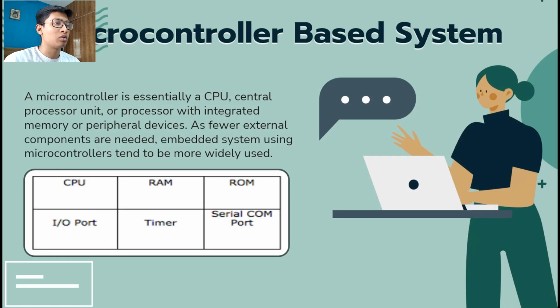Now let's talk about the microcontroller based system. A microcontroller is essentially a CPU, central processing unit, or processor with integrated memory or peripheral devices. Fewer internal components are needed. Embedded systems using microcontrollers tend to be more widely used.